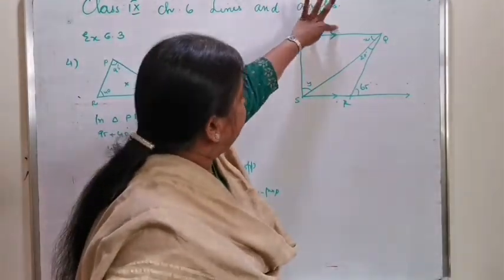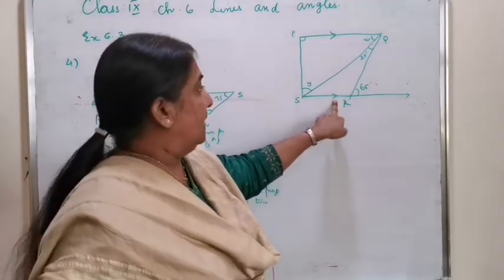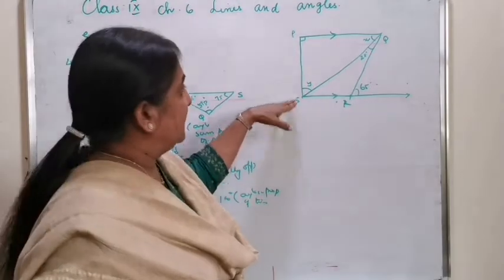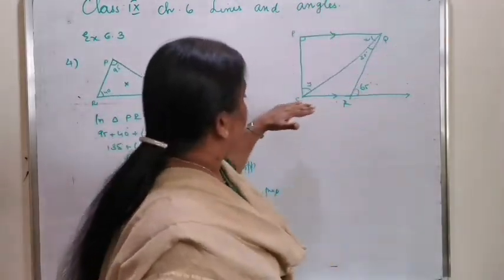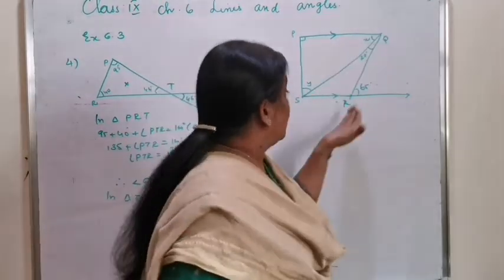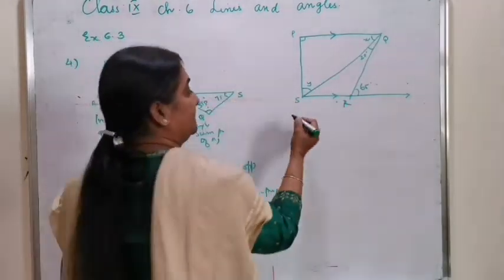Since line PQ is parallel to SR, you can see SQ as a transversal. Then take QR as a transversal.